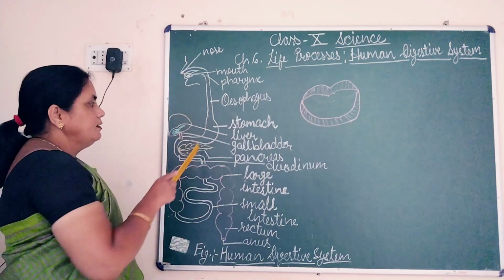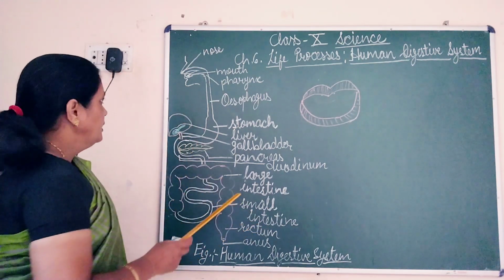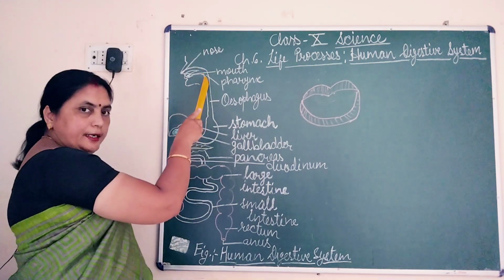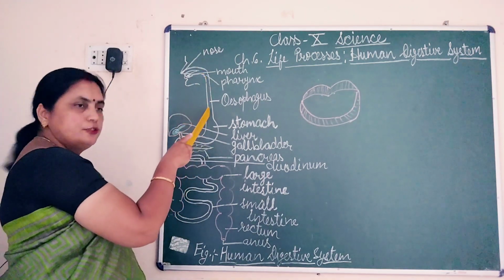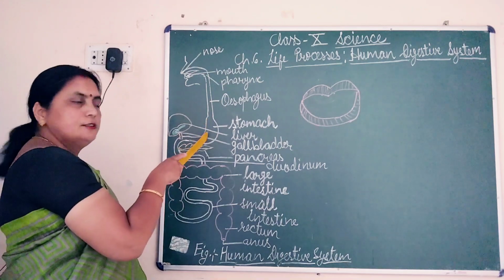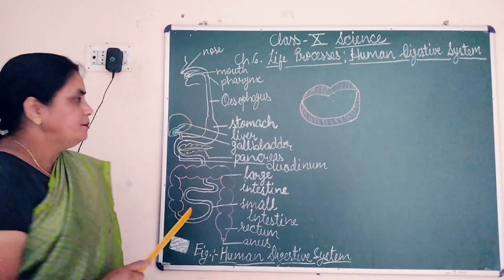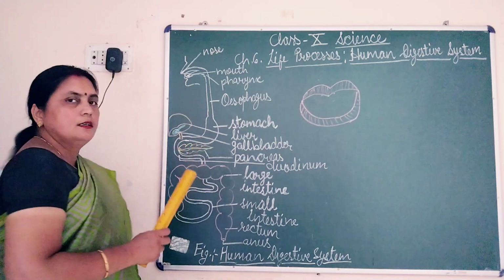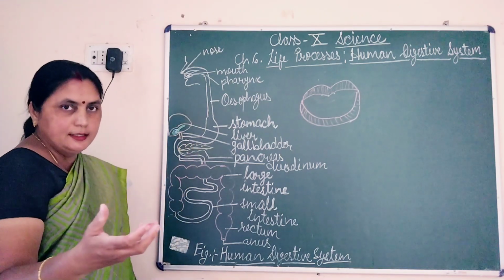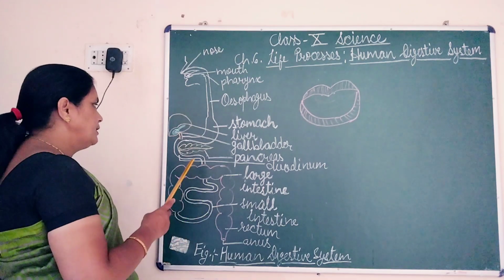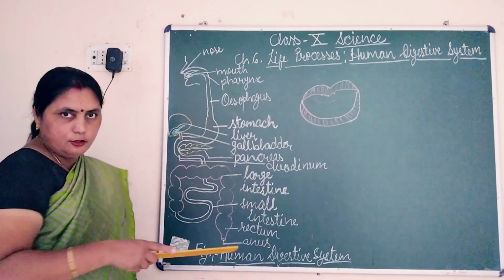In between there are various other organs: the mouth opens into the pharynx, the pharynx opens into the esophagus, the esophagus opens into the stomach, and the stomach opens into the intestine. The proximal part means the part where something begins, or the part which is nearer to something.